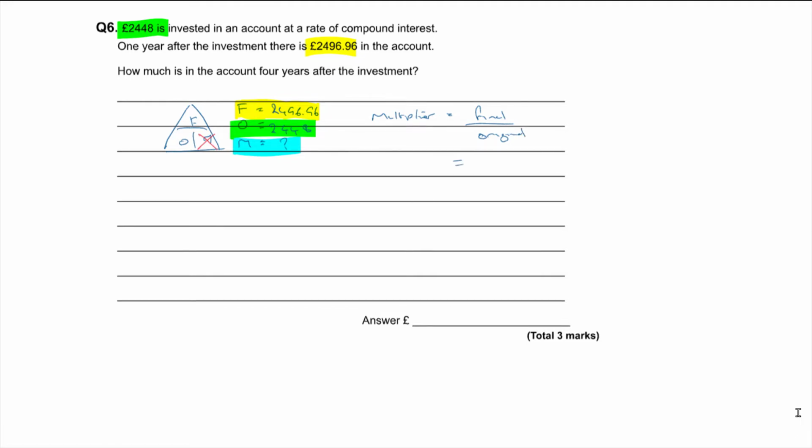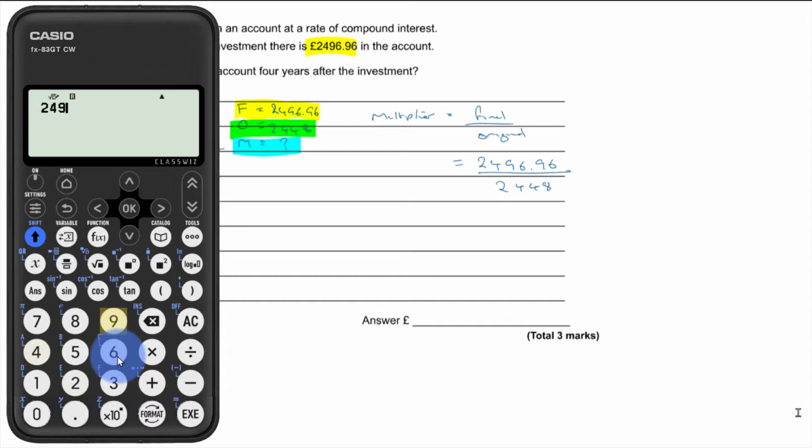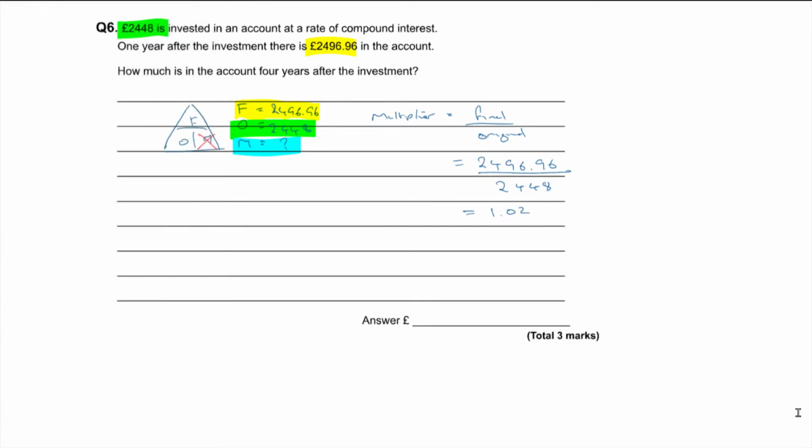In this question that is 2496.96 divided by 2448. Now I make that 1.02. Okay, so that's my multiplier. It's basically a 2% increase each year, but I'm just going to use that multiplier in the next part of the question.